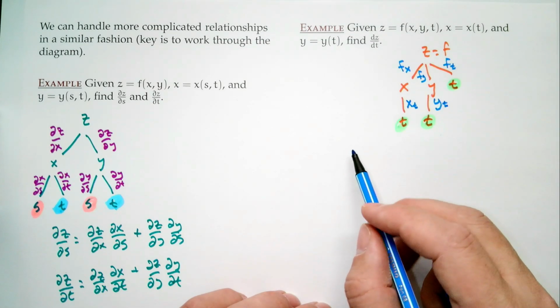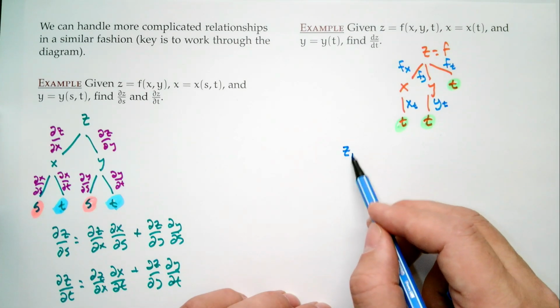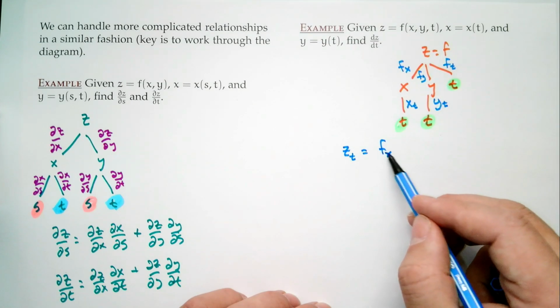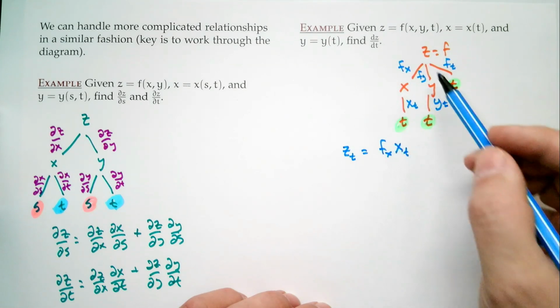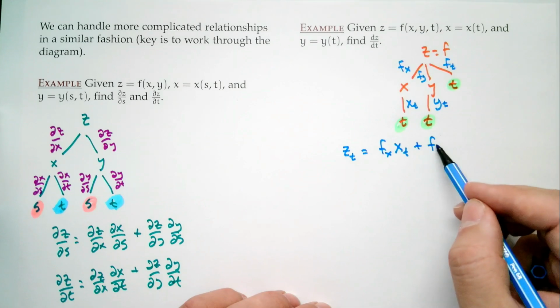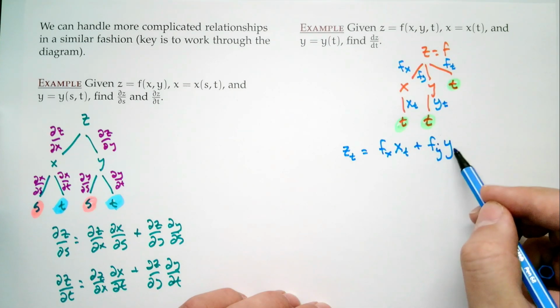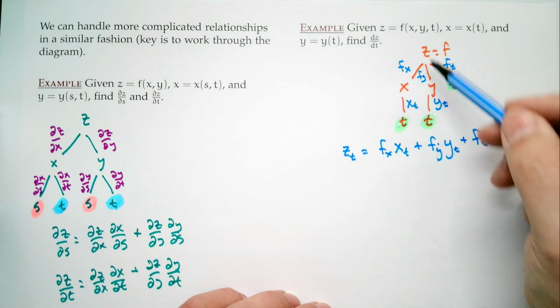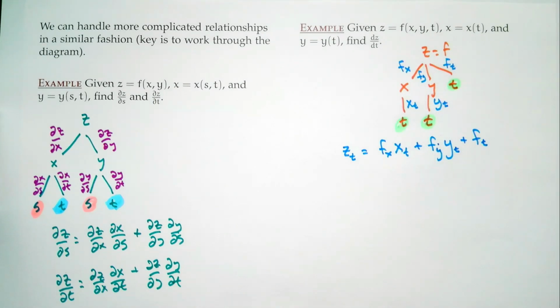So what do we get? dz dt, which I'll say z sub t, is equal to f sub x times x sub t, derivative of f with respect to x, derivative of x with respect to t, plus f sub y times y sub t plus f sub t. Again, follow each branch down. So there's one last idea.